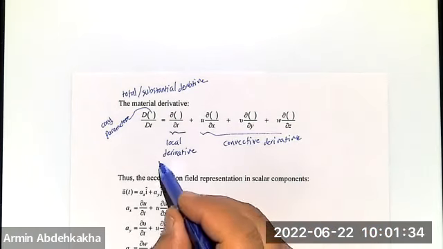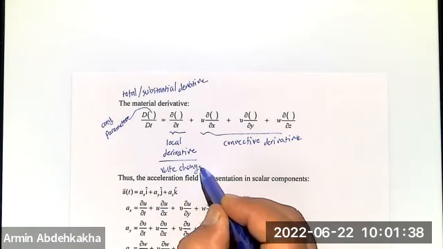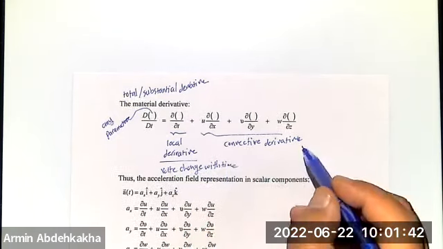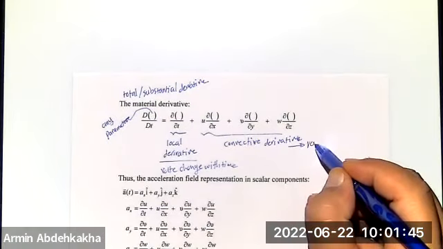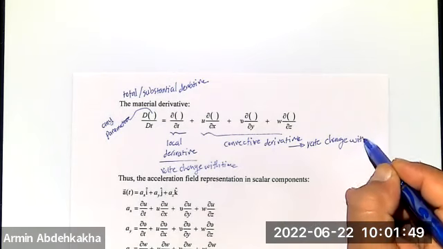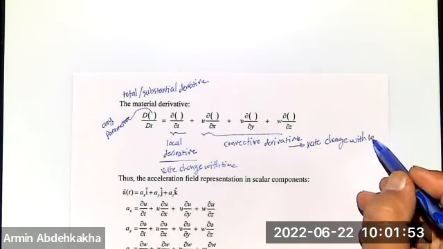So this is rate of change with time, but this one is rate of change with space, a spatial derivative or location.